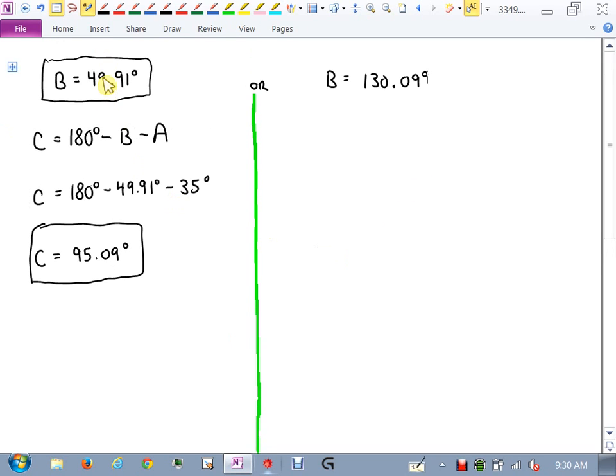Okay, so I've got capital B, capital C. I still need little c, right? So I put little c over sine of capital C, which I just found, 95.09, must equal, I'm going to use the A information, little a was 6 over sine 35.